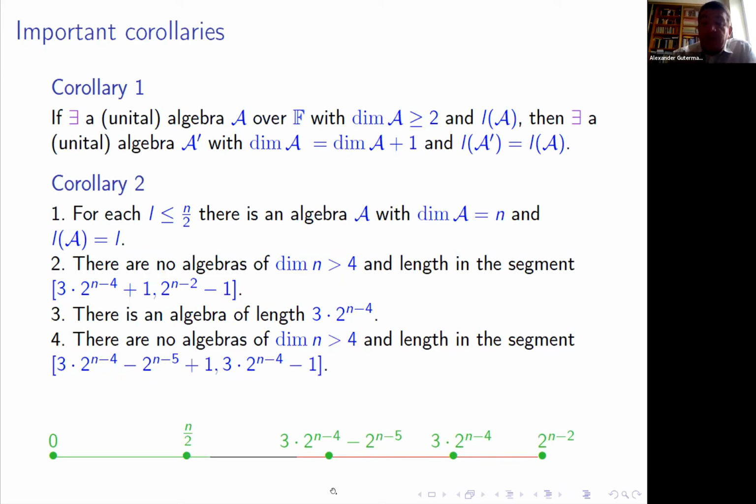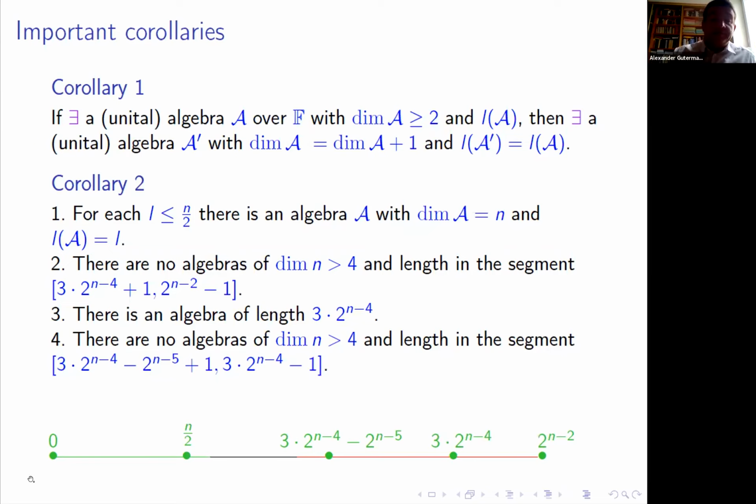For example, here we have the maximal length according to our bound with Dmitry. But if I take the maximal value minus 1, it is not realizable. And then we have a gap going up to that particular number, 3 multiplied by this power of 2, again a gap, and another realizable number.